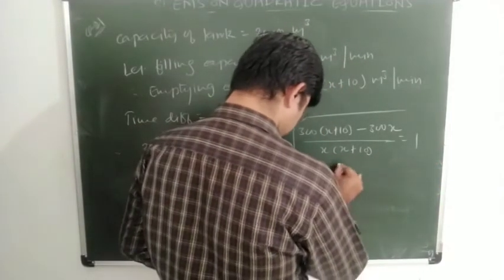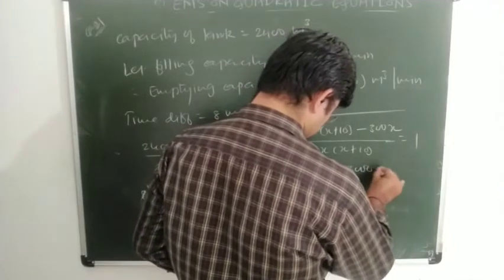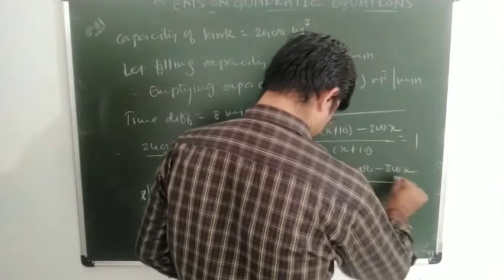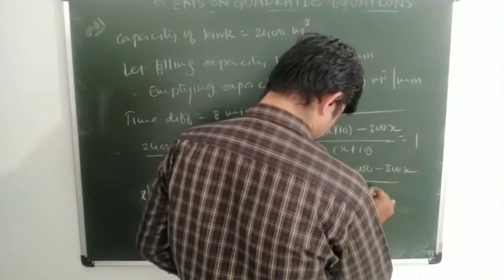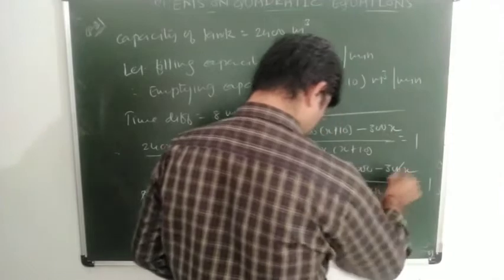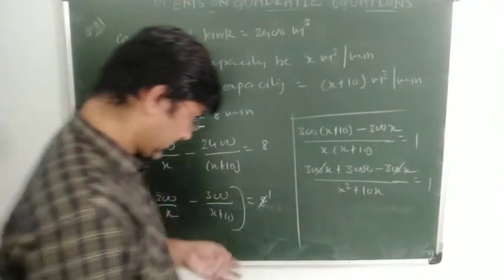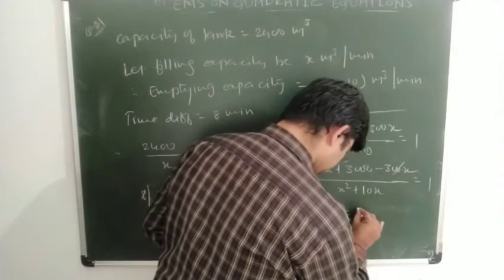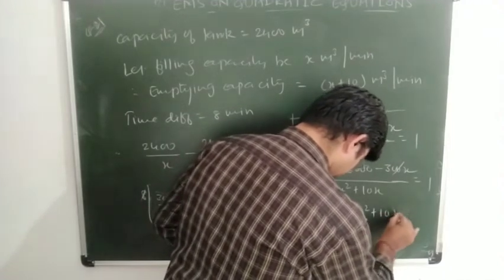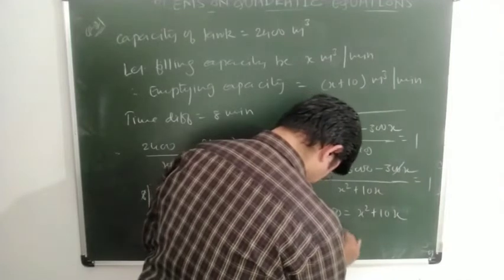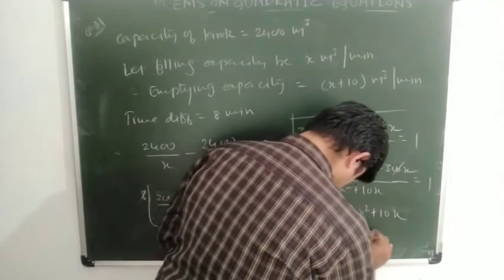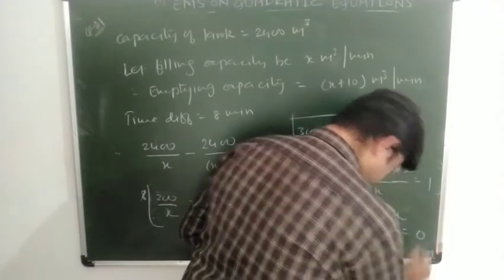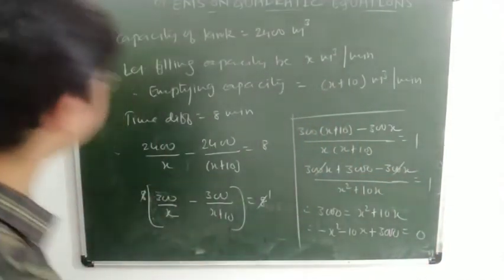So 300x plus 3000 minus 300x upon x square plus 10x is equal to 1. 300x plus and minus will get cancelled, therefore 3000 is equal to x square plus 10x, and therefore minus x square minus 10x plus 3000 is equal to 0.